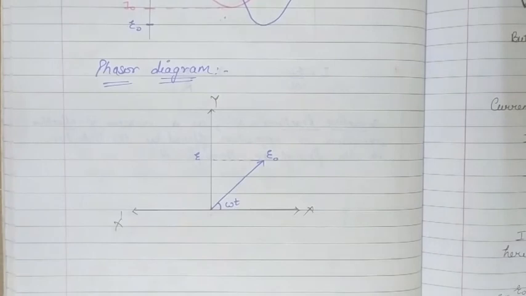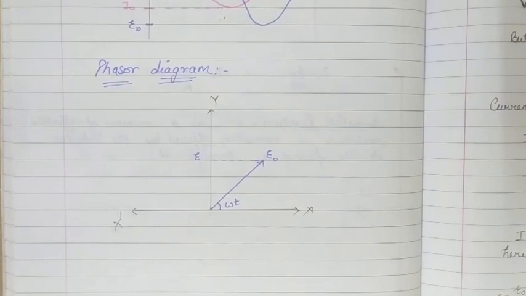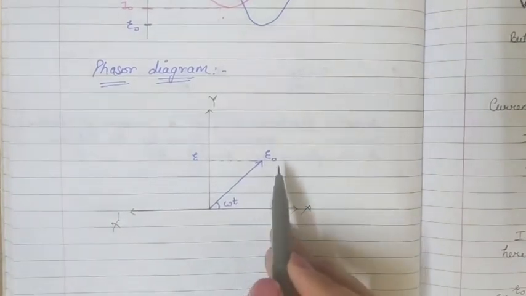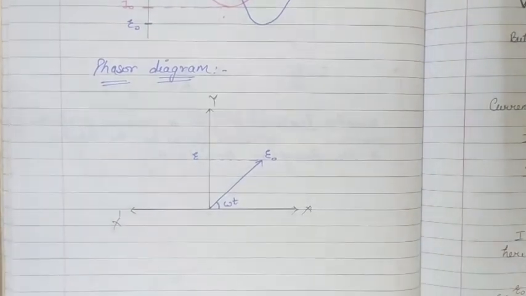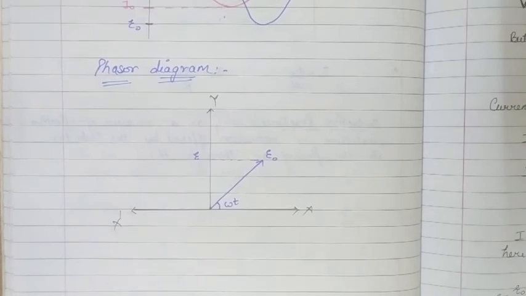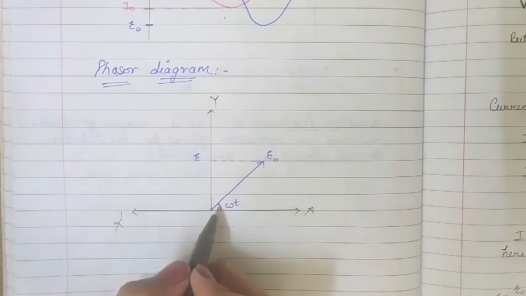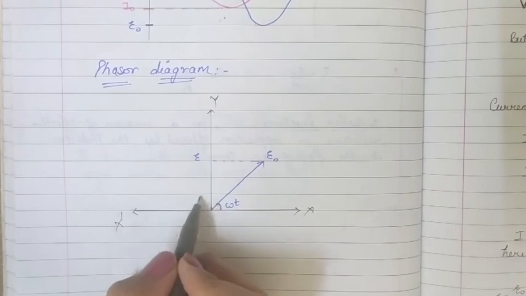Now next we have to make the rotating vector for current. Here we have to keep in mind two things. First, the amplitude for this vector must be smaller than the amplitude of the rotating vector of EMF. Second thing, the angle for it is omega t plus pi by 2. That means current का जो vector बनेगा, it will have angle omega t, then again plus pi by 2, means इससे pi by 2 हमें और आगे जाना है.